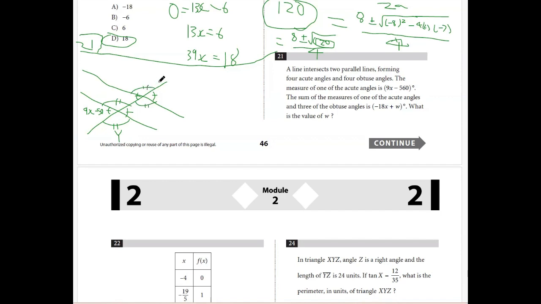And we're given that the sum of the measures of one of the acute angles and three obtuse angles is this. So one of the acute angles is 9x minus 50, and plus three obtuse angles is equal to minus 18x plus w. And I'm going to rewrite this as w equals 27x minus 560 plus 3y.